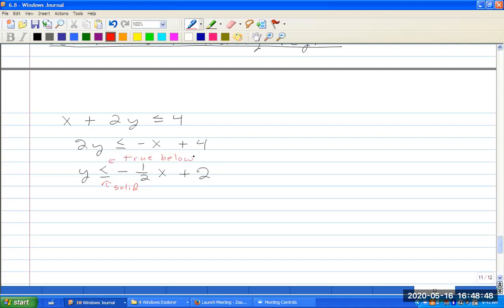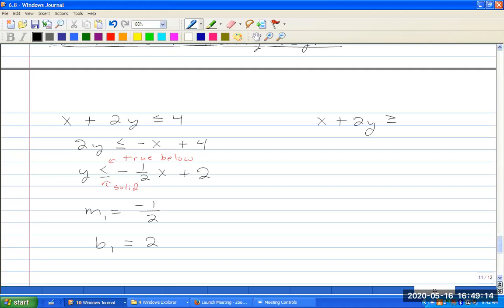The slope, negative 1/2, and the y-intercept, there it is, of 2. Well, in addition, I had x plus 2y was greater than or equal to 2.